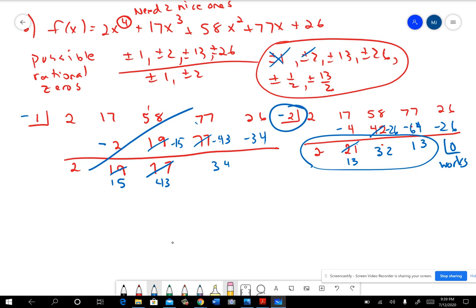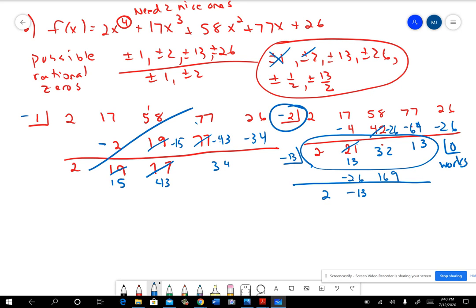Okay, let's just set it up right there. So I'm going to try a negative 13 from right here. Okay, so that's 2. And then this would be negative 26. So that would be negative 13. Then, okay, already that's like 169. That's going to be too big. So that doesn't look good.